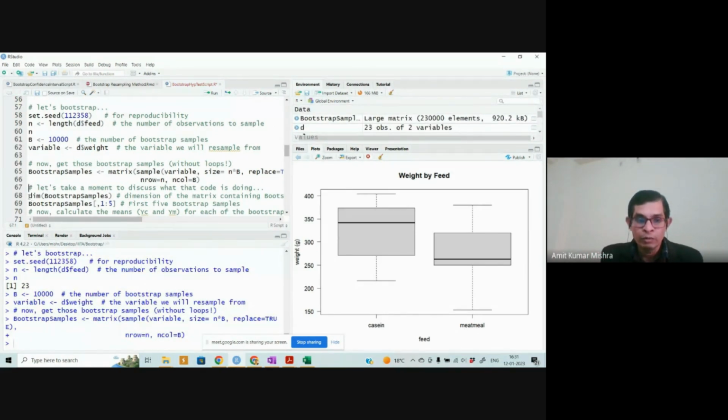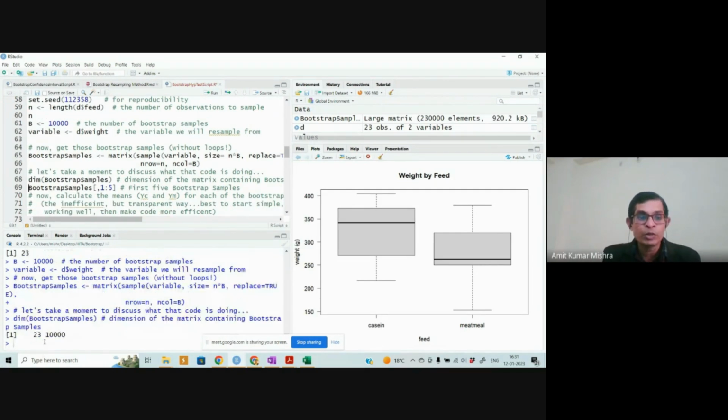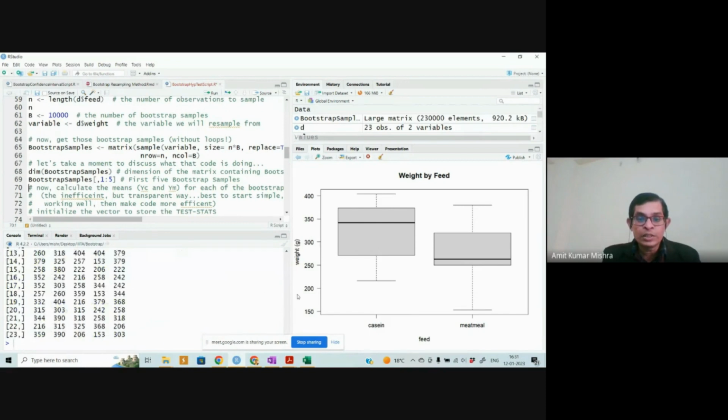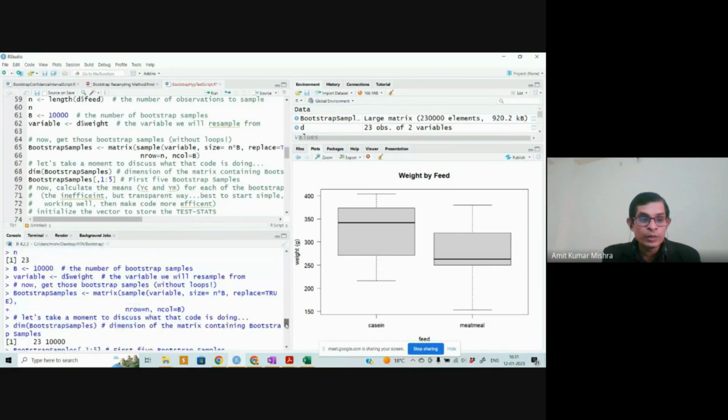Now see whether we have generated the correct thing or not. So the dimension you can see is 23 by 10,000. I will show you some data points. I am going to show you the first 5 samples. These are the first 5 samples you can see here.